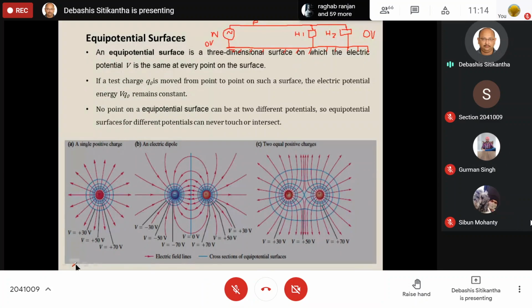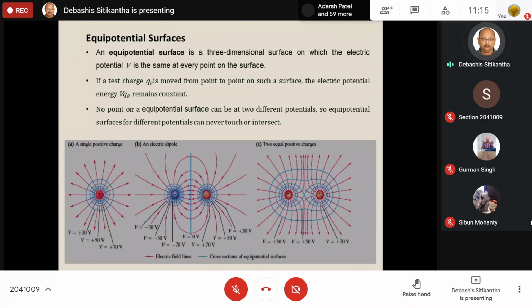Okay, so as I have given one example, if I am going to connect a voltmeter between any point on the surface of a homogeneous metal and the ground, it is going to give me the same reading. That means all the points on the surface of this homogeneous metal sheet are going to be at the same electric potential, and therefore it is sometimes known as an equipotential surface.